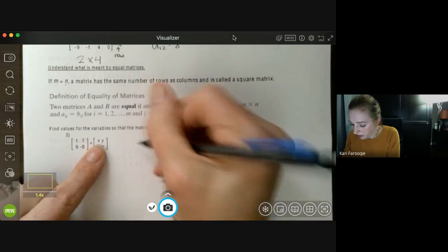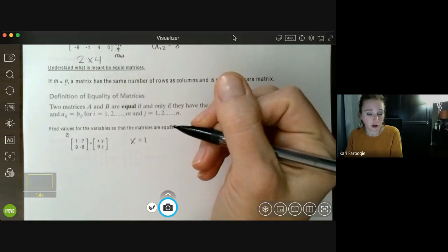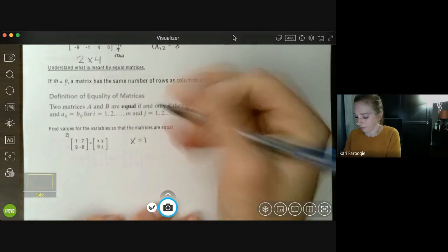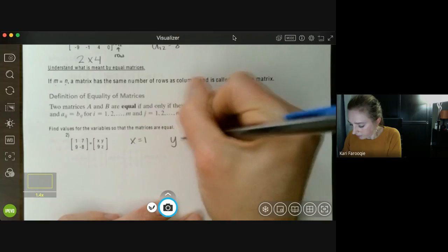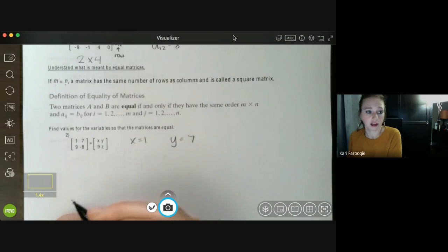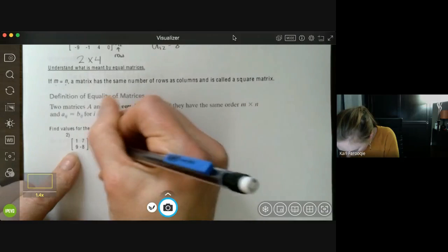So you know that x has to be 1 because x is in the first row, first column, and 1 is in the first row, first column. Y has to be 7 because they're both in the first row, second column. Now, 9 and 9 are already the same.